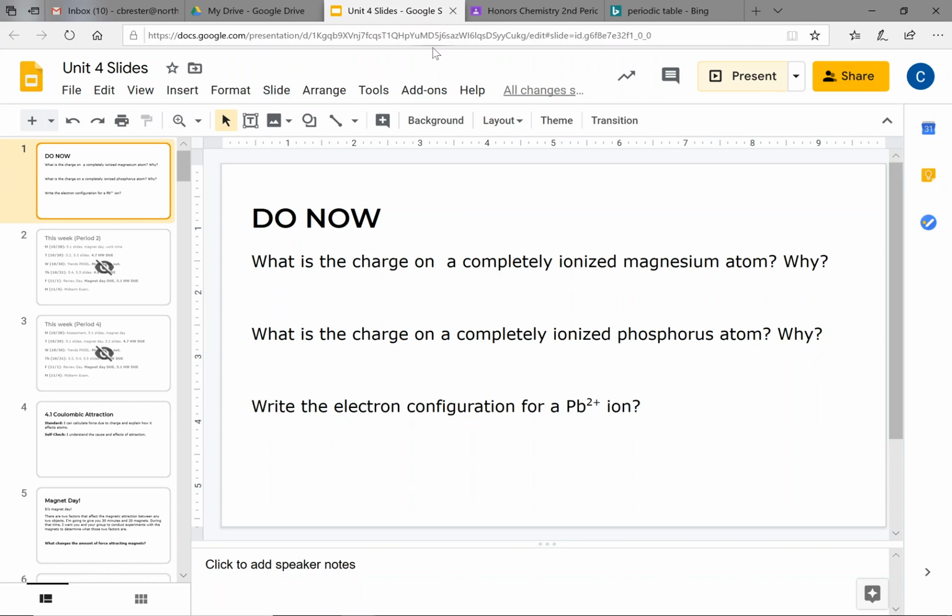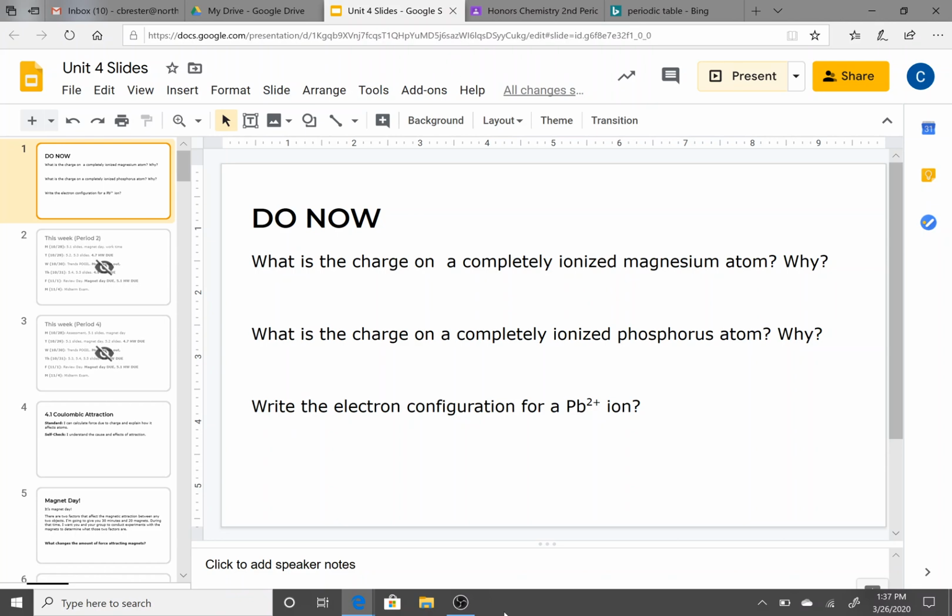Everyone's going to be sending that out to their second period classes. So my second period, be watching out for an email for the first round, and if I don't get a response from the email, then I'm probably going to be calling you and your family. So please, please, please, you have to respond to the email, because if you don't, I'm just going to be trying other ways, and then I will eventually catch up with you. But please respond to all of your teachers, so that we know what's going on.